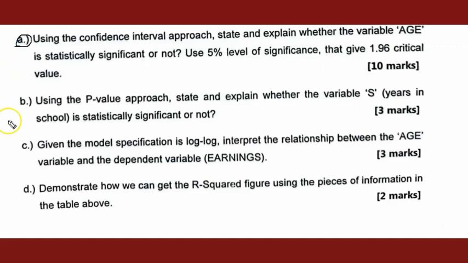Let's turn to the working board so that we can try to figure this out. The first thing to do is to state the hypothesis. H naught is beta 1 equal to 0, which is saying there is no relationship.